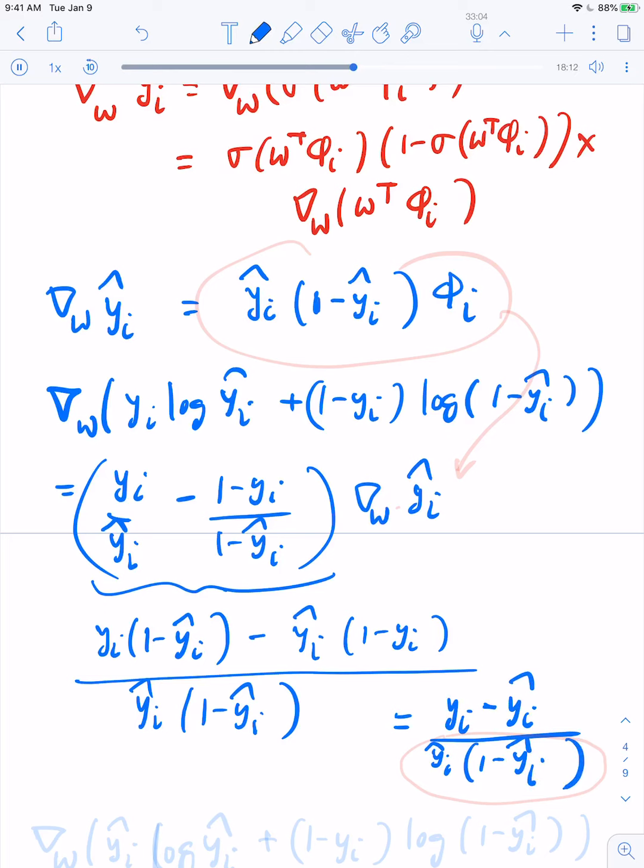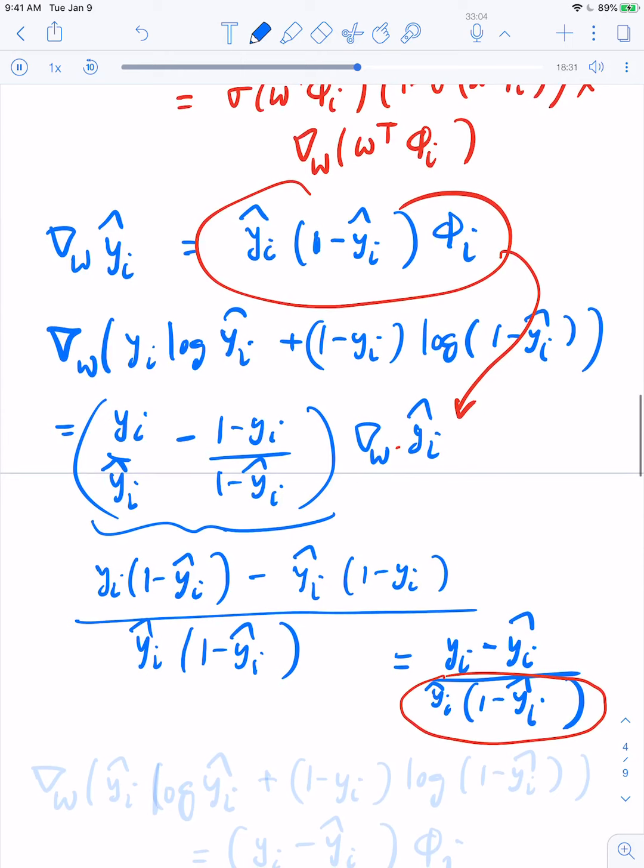Gets a bit messy, but now you can see, again I'm going to change pen colors here, that this term below in the denominator, when you plug this expression in here, will cancel out the yi hat times 1 minus yi hat term in the numerator, right?